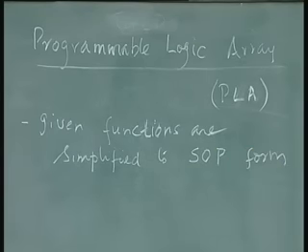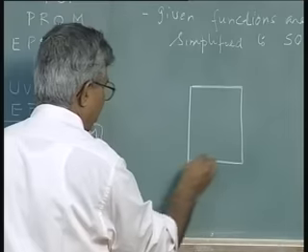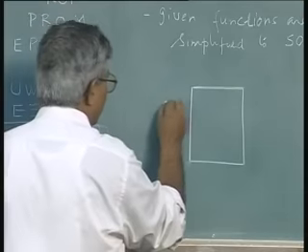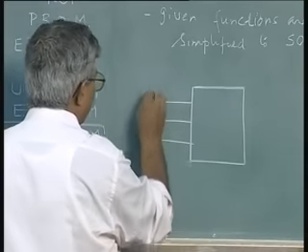Sum of product is where you have to have a few product terms whose sum will be the output. In doing so, what we will do is I am going to generate a few product terms. So this will be the configuration of the programmable logic array. I will have inputs, I will call them A, B, C.